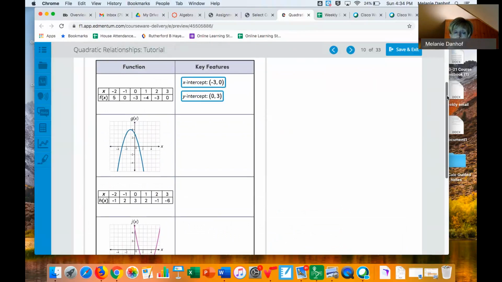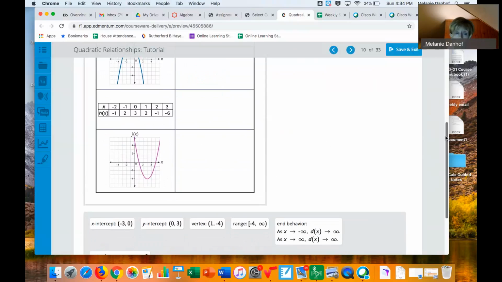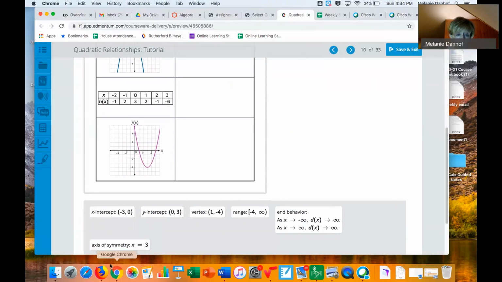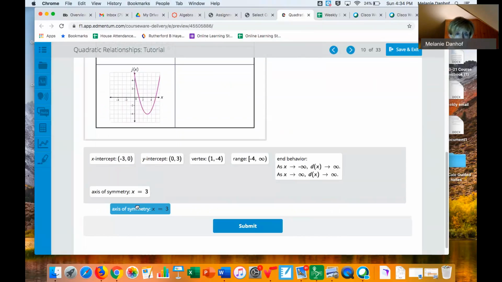If we look real quick here on this second one, our vertex would be 3, 1, 2, 3, -4. Not an option, unless it's down a little bit lower. But our axis of symmetry is x equals 3.